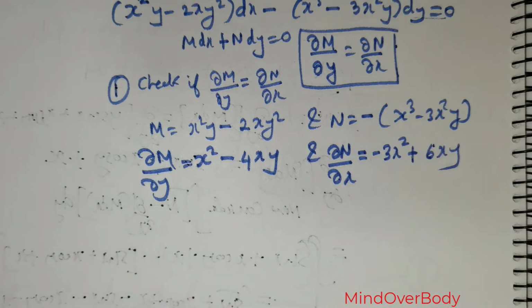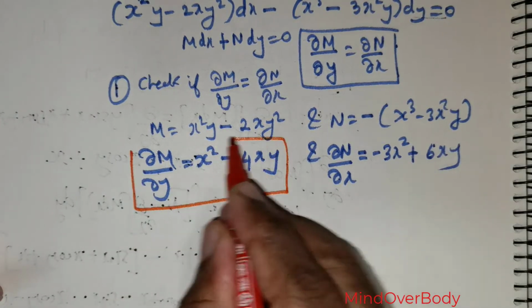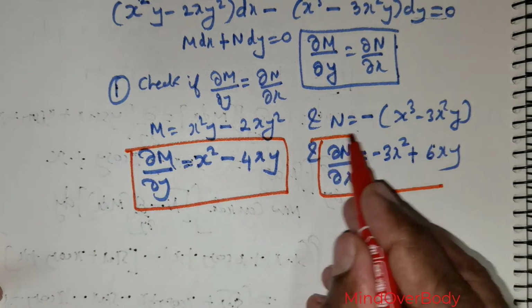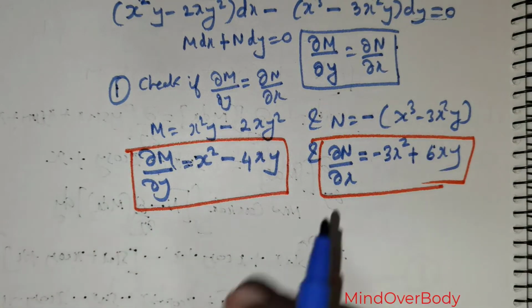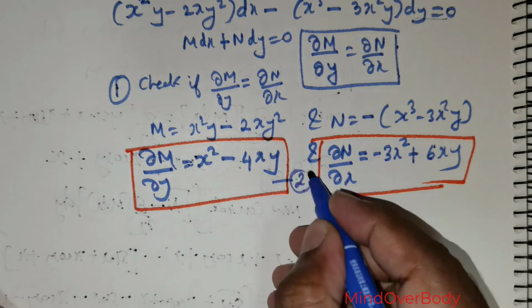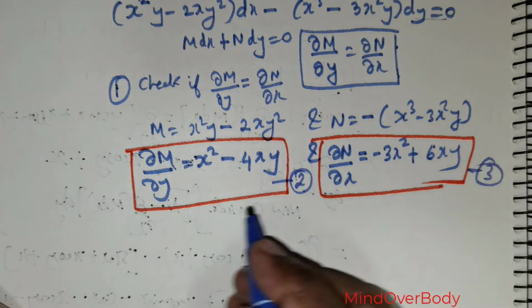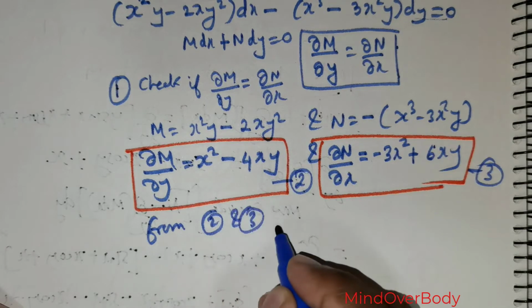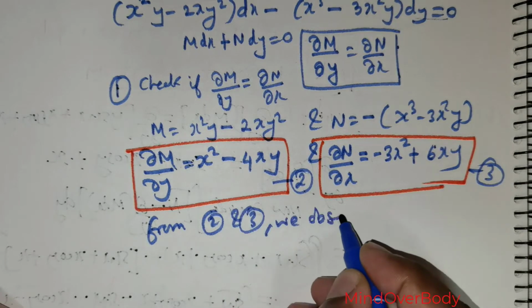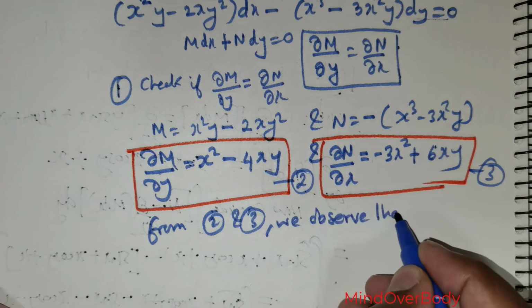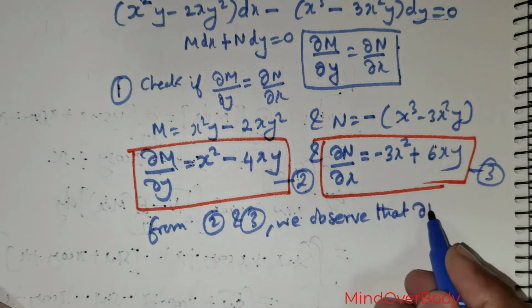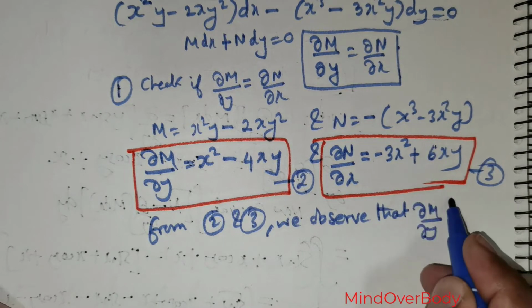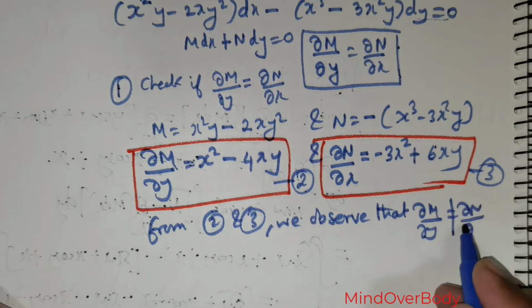So if I were to box this, clearly what do I see? Let me give these numbers 2 and 3. From 2 and 3, we observe that dou M over dou y is not equal to dou N over dou x.